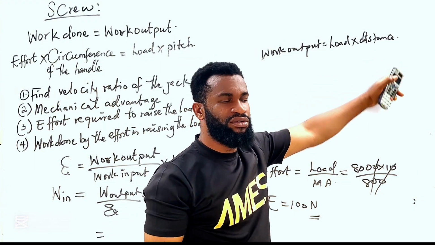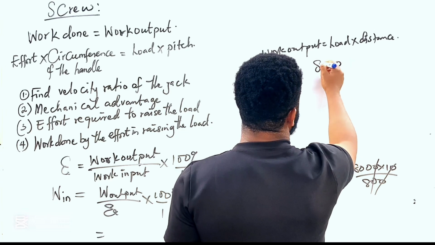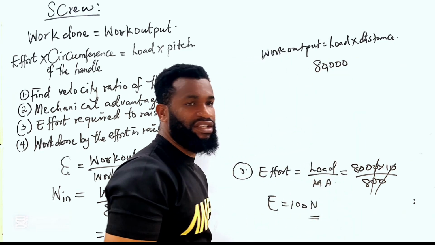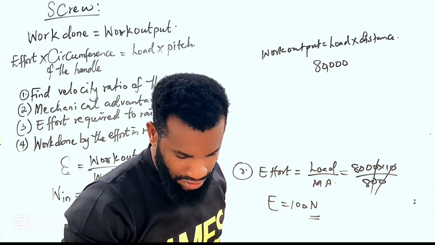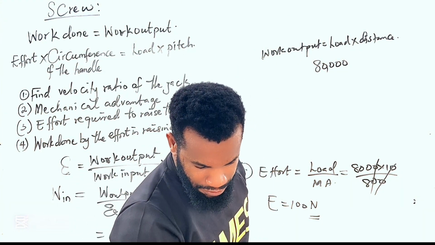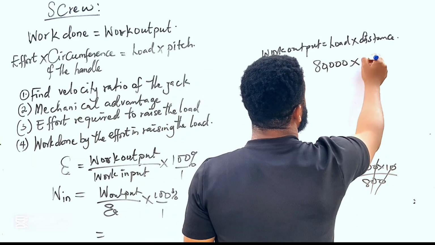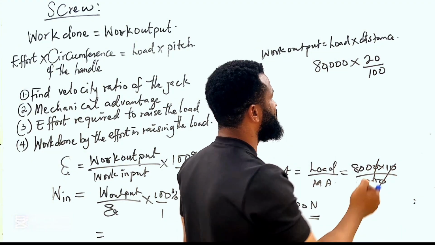That is going to be the work output. The load is 8,000, but I'm going to express it in Newton by multiplying by 10. It becomes 80,000. Now the distance moved by load: if you look at the question, it said through a height of 20 cm. I'm going to convert it to meter by dividing by 100.